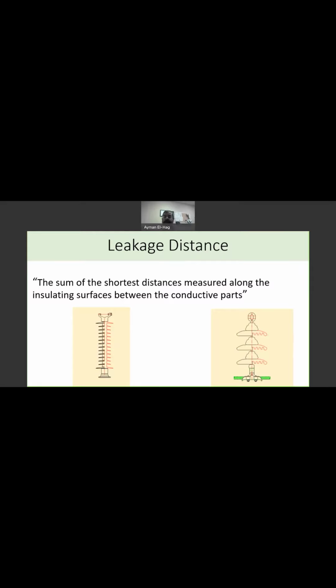The question is, do I want this leakage distance as high as possible or as low as possible? Think for a second. Definitely, I want it as large as possible. Why? Because a large leakage distance leads to a large surface resistance.